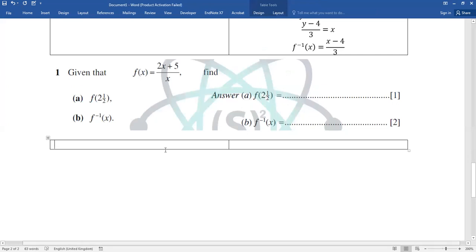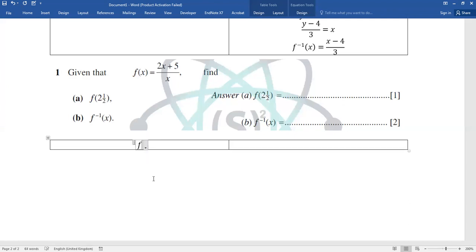Can you attempt the first one on your own and tell me what you get? f of 2.5.